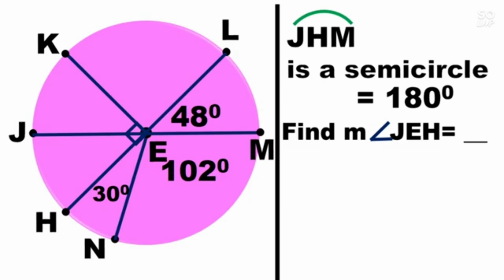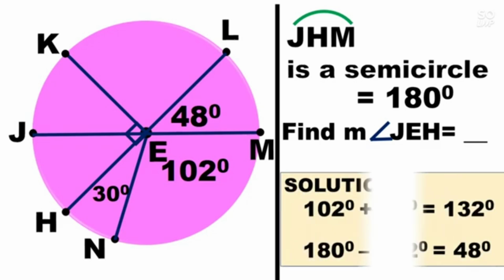So, since given na yung 102 degrees at 30 degrees, ang gagawin natin, i-add natin yung dalawang angle na given. Okay, so 102 degrees plus 30 degrees equals 132 degrees. Which is yung kasama sa semicircle. So, ilan yung natitira para mabuo yung semicircle, which is 180 degrees.